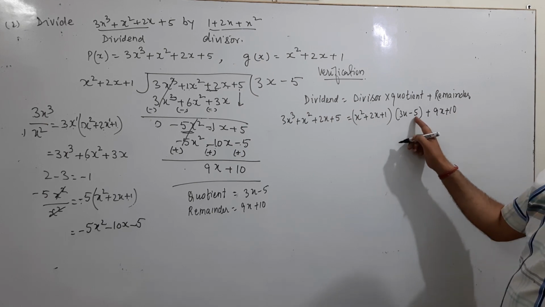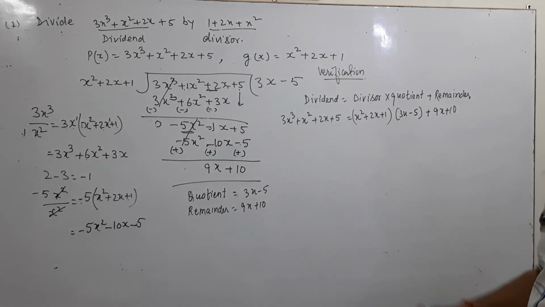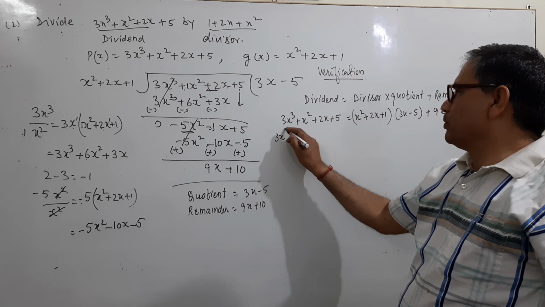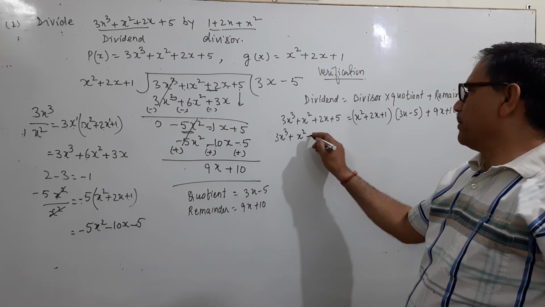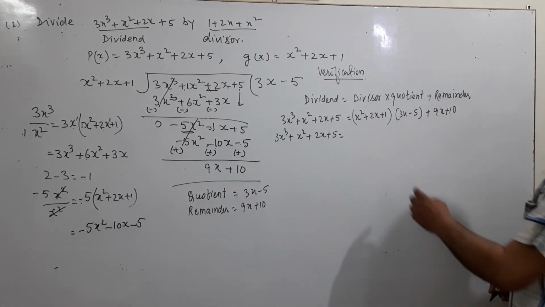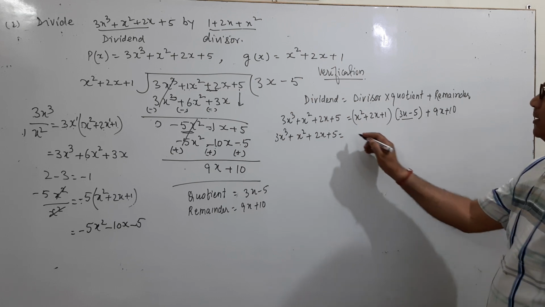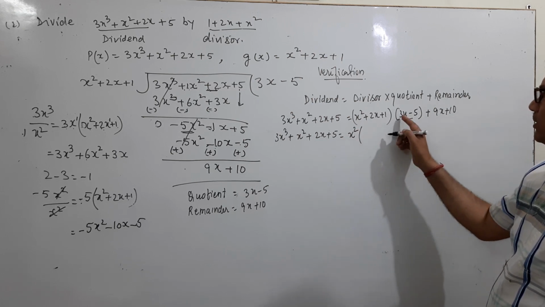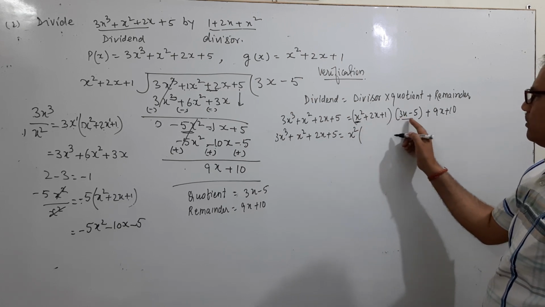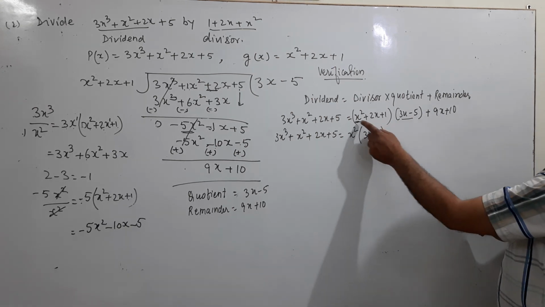We can write 3x minus 5 before this one. This will be same. 3x cube plus x square plus 2x plus 5 open bracket x square multiplied to both. See, x square will be multiplied with what? This x square times 3x minus 5 bracket, and now x square is complete.